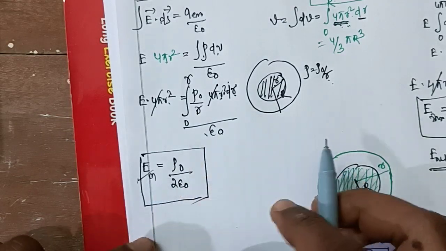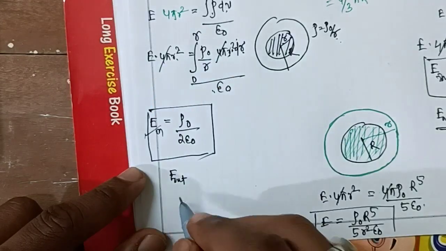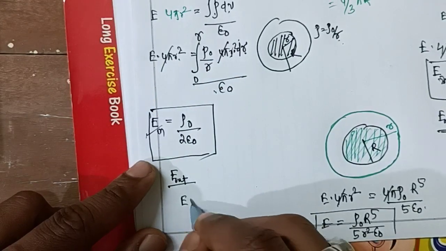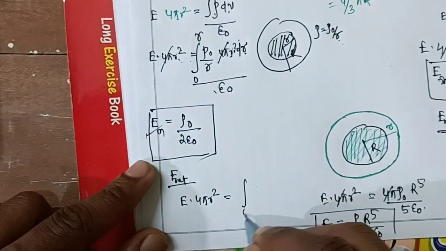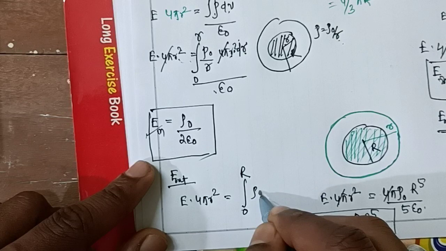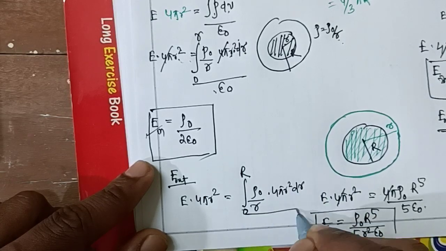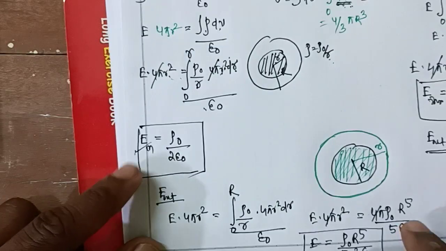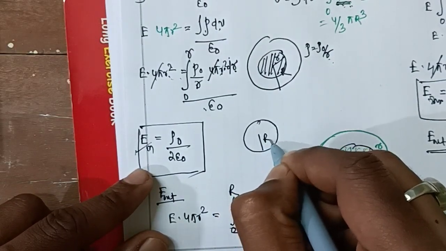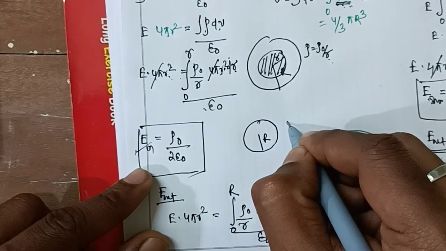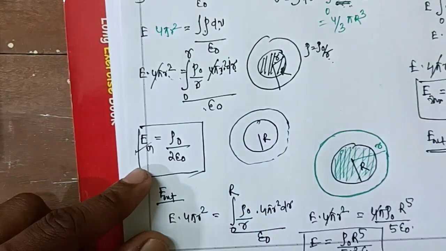This is for the inside region. If I go for the outside region, I will move in a similar fashion. This is E into 4 pi r square. But what is the limit? 0 to capital R, rho naught upon r, 4 pi r square dr upon epsilon naught. Why? Because this is my original sphere of radius R. I want a point outside, and how much charge is enclosed within this Gaussian surface?